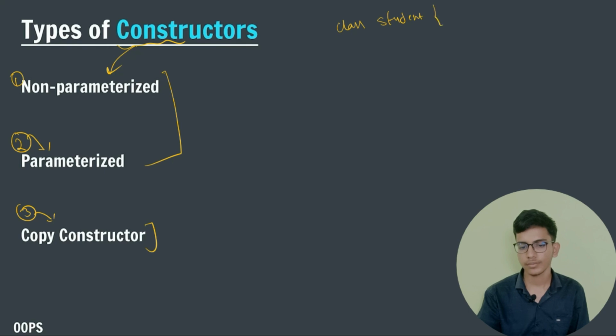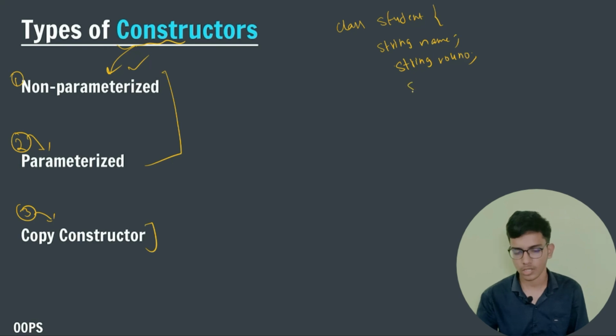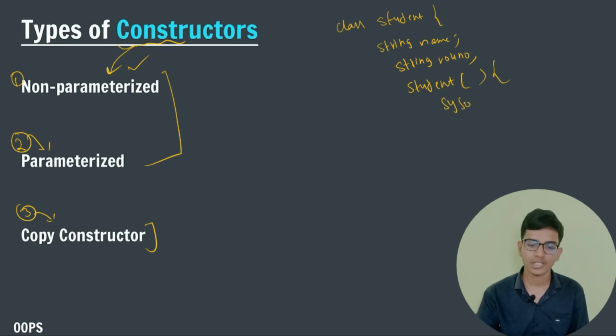After that I am going to write string name, after that string roll number. Now I am going to create my first type of constructor, that is the non-parameter constructor. So I will write my constructor name Student. After that, with no input, here I am printing System.out.print I am a student.